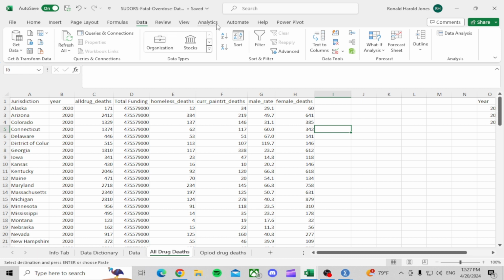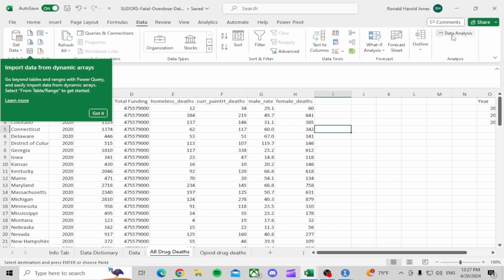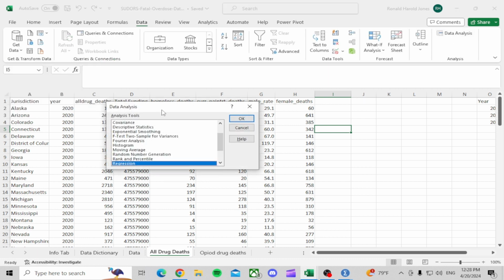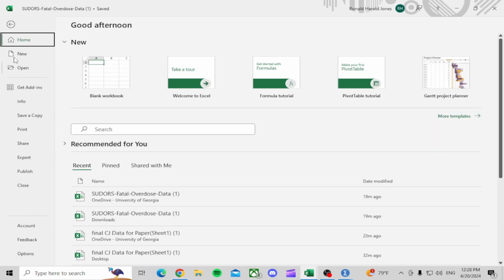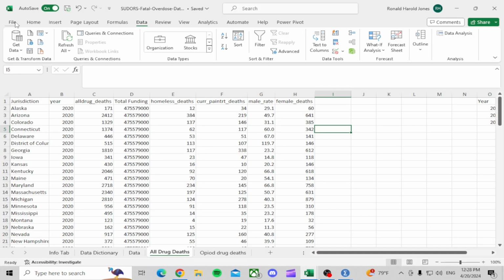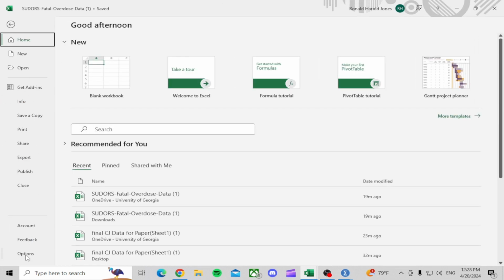What we're going to do is run a quick regression model. Through Excel, you're able to do this. If you go to File, you click File up here, Options down here.